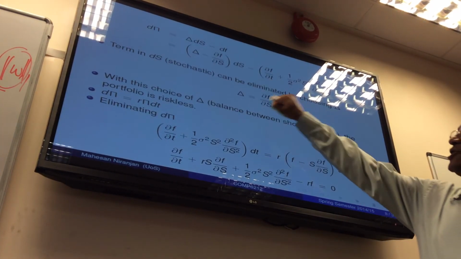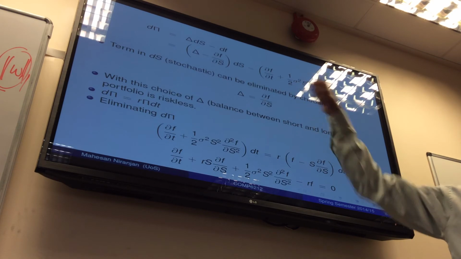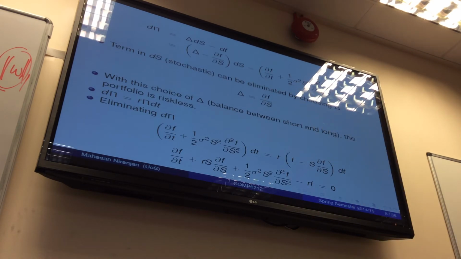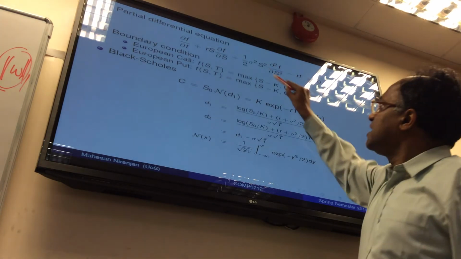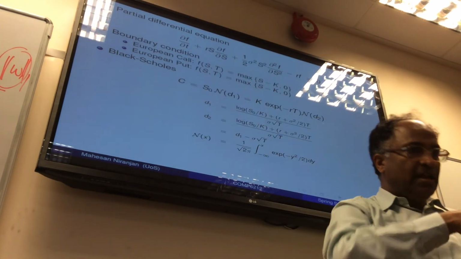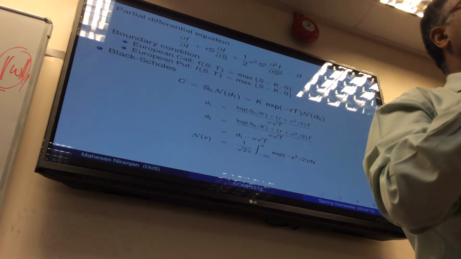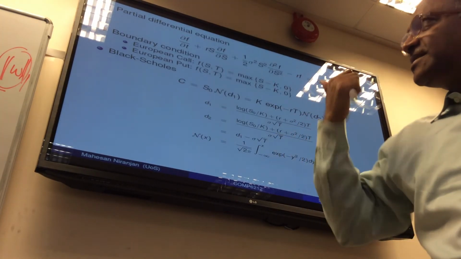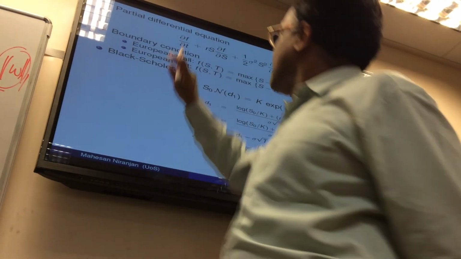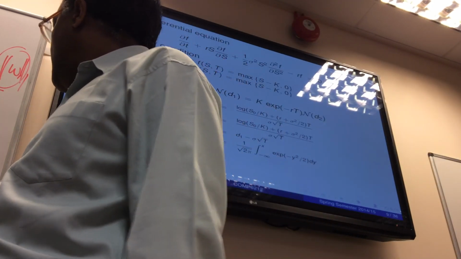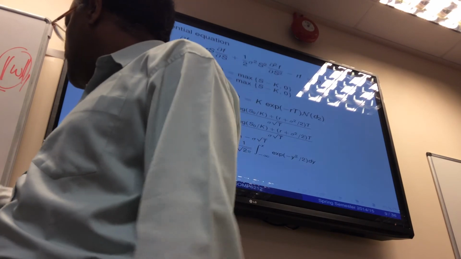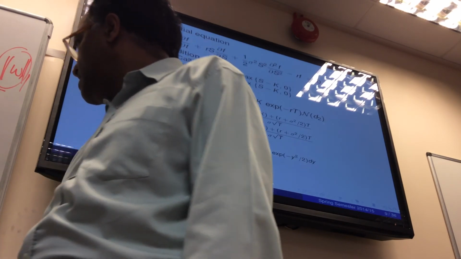So that delta hedging can be taken a lot further. People work with these derivative terms also in hedging in various ways. I have forgotten what these terms are called. The delta is, of course, we know, delta. One of these terms is called a gamma, another is called a beta, I believe.